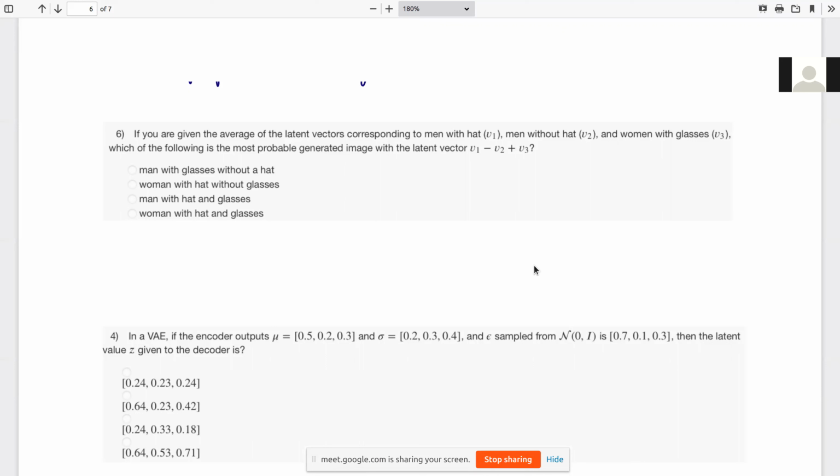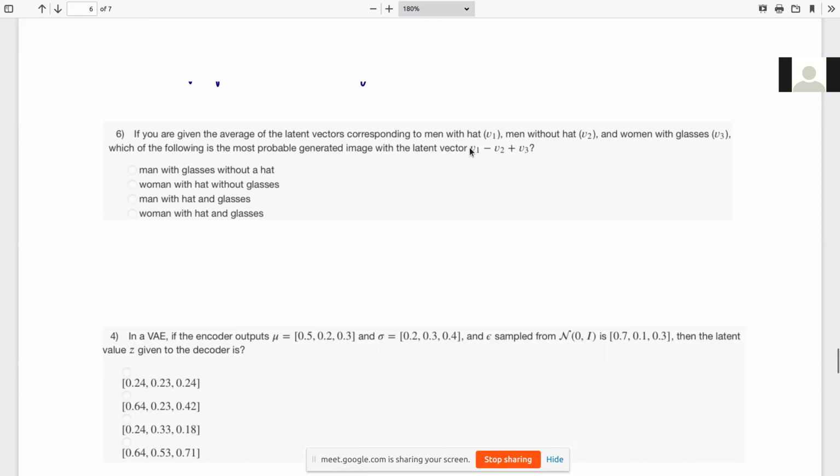For example, look at question 6: if you are given the average of the latent vectors corresponding to men with hat V1, men without hat V2, and women with glasses V3, which of the following is the most probable generated image with the latent vector V1 minus V2 plus V3?